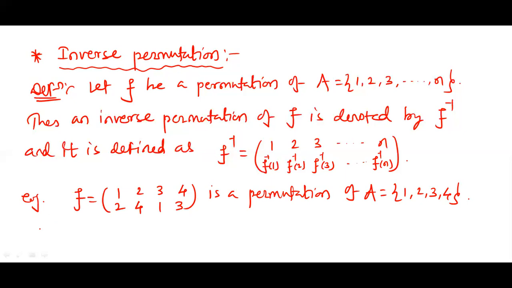See, you can see that in this permutation 1 maps to 2, 2 maps to 4, 3 maps to 1, and 4 maps to 3. Means f of 1 is 2, f of 2 is 4, f of 3 is 1, f of 4 is 3.